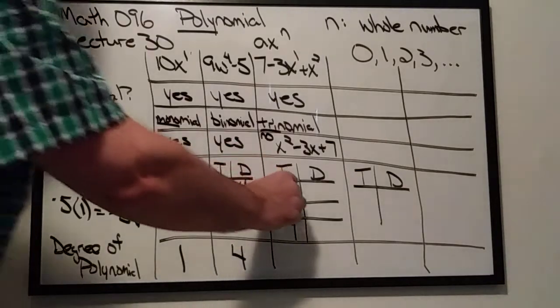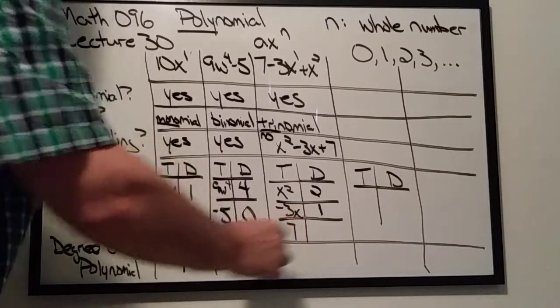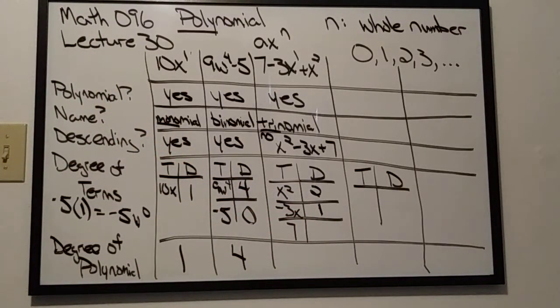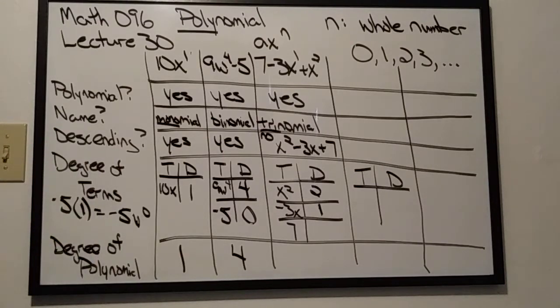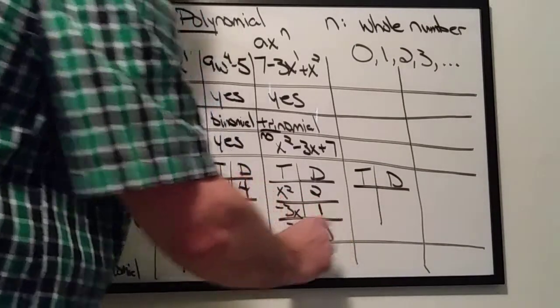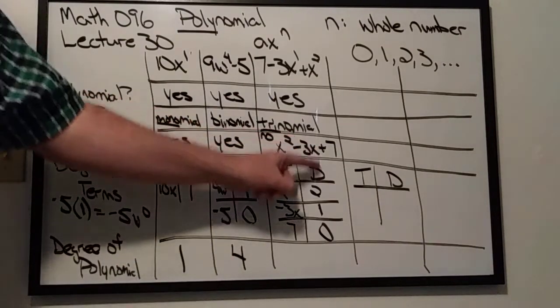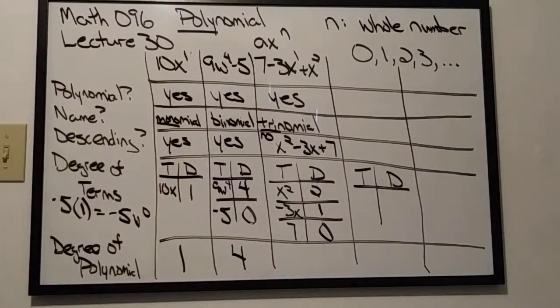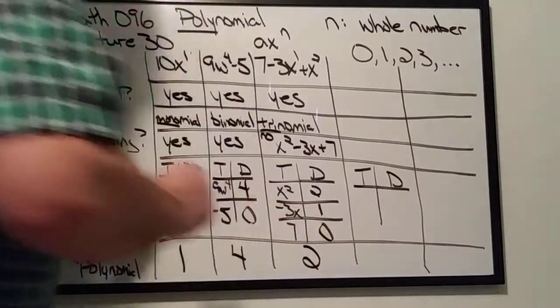So the power on the x here is 2, the power on the x here is 1, and the power on the x there is 0. Once again, we could play that game of rewriting it as x to the 0 power if we wanted to. So the degree of a constant is always going to be 0. The degree of the polynomial, then, is the highest of all of those degrees. So the highest number that I see in that list is 2. So the degree of this polynomial is 2.